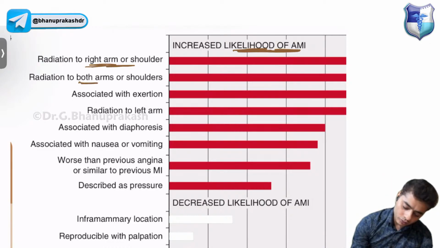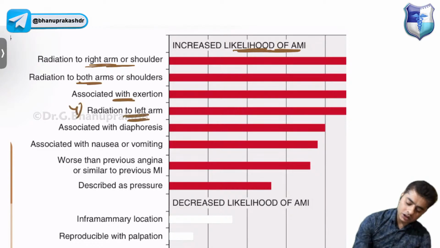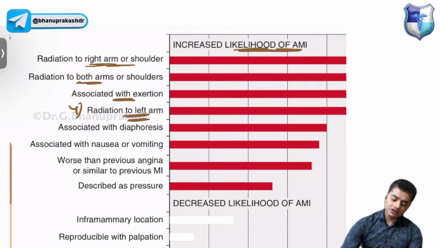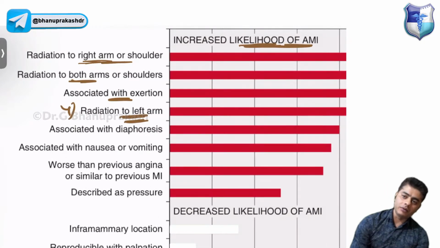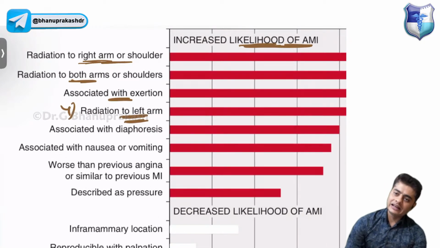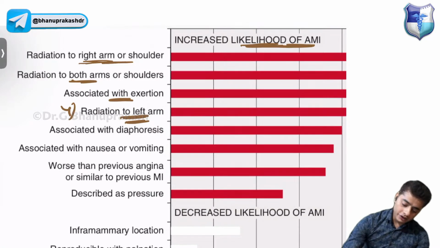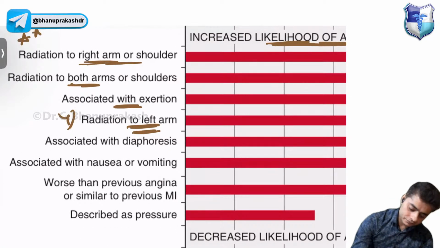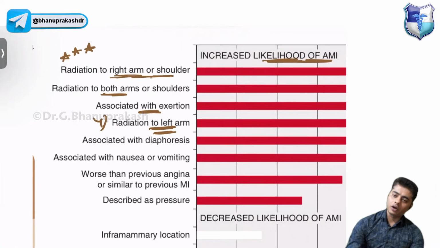Then comes radiation to both arms. Then comes association with exertion. And in fourth position is your radiation to left arm. Generally, our old thinking was that pain related to the left arm has the most increased likelihood. But no, radiation to the right arm or shoulder in a recent trial has been listed in the first position.